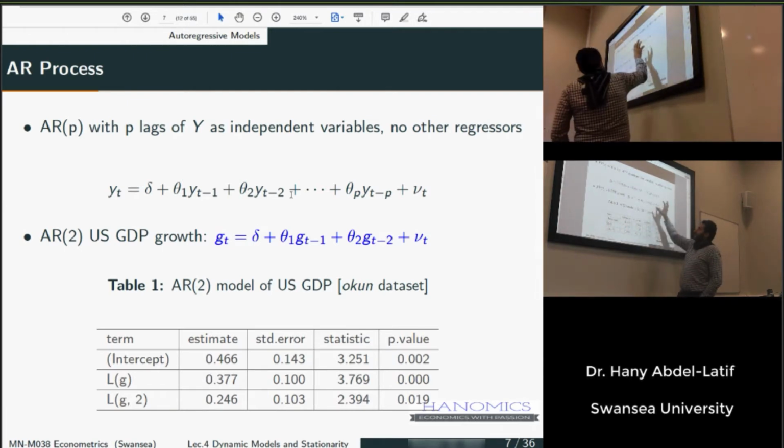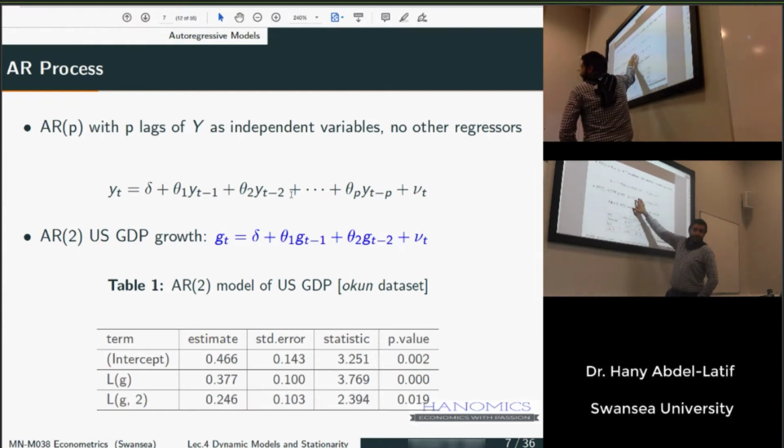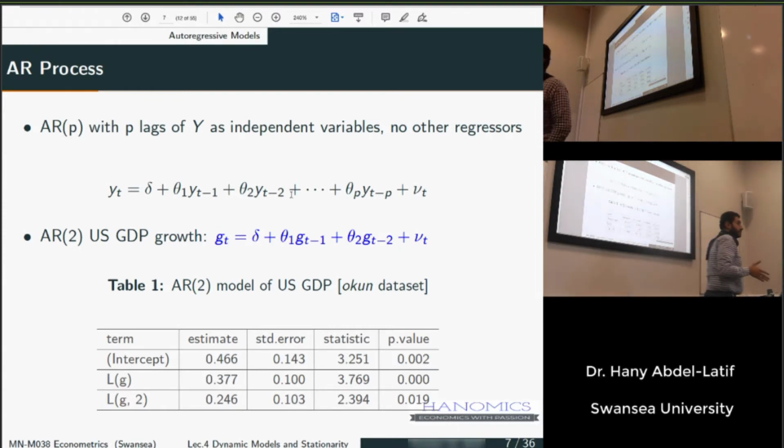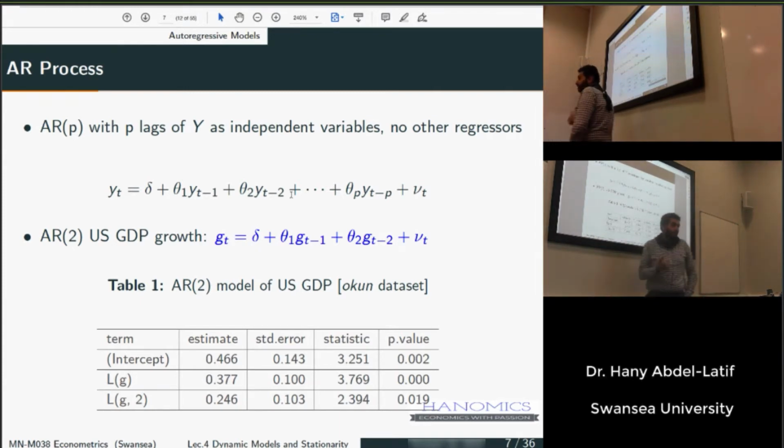So taking it out of the error and putting it explicitly in the model means the error is no longer serially correlated. So that can help with the autocorrelation issue as well. Introducing lags could be one of the important ways of dealing with autocorrelation in time series data.